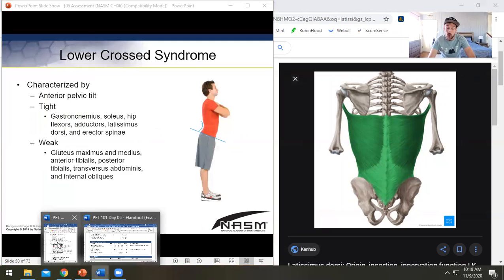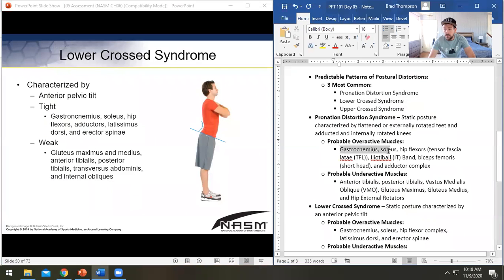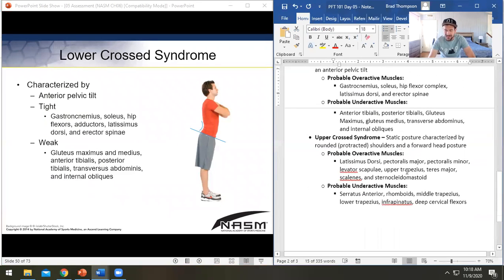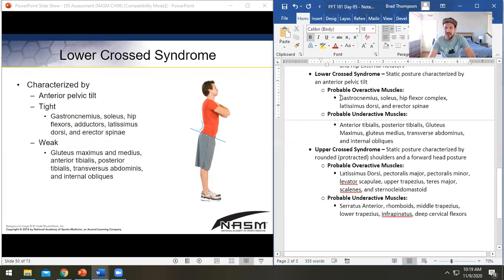So the muscles that are shortened are sometimes the calves, but the big ones are the hip flexors. Whoops, on the wrong list here. The big ones are like the calves. Sometimes it's the hip flexor complex, sometimes it's the lats, and it is often going to be the erector spinae. So these are all shortened, overactive muscles.